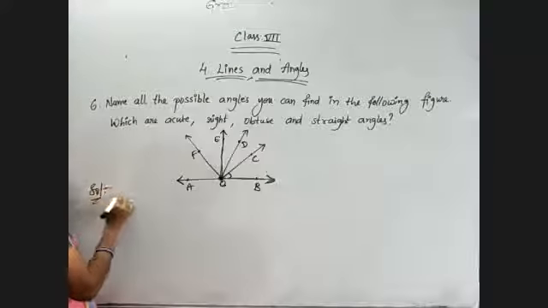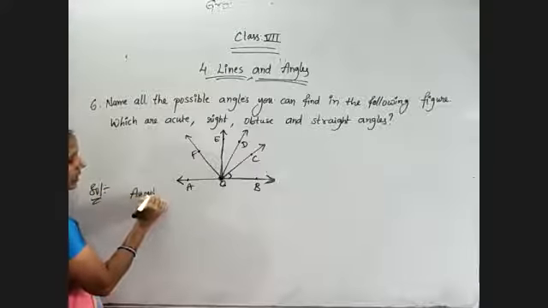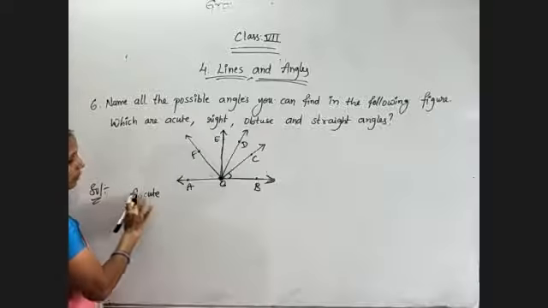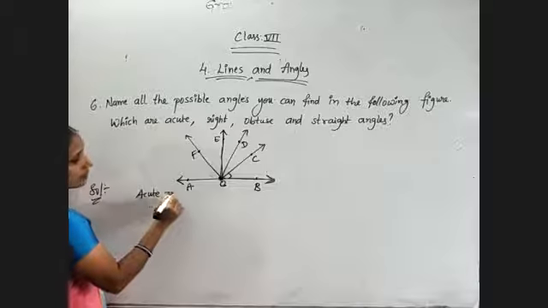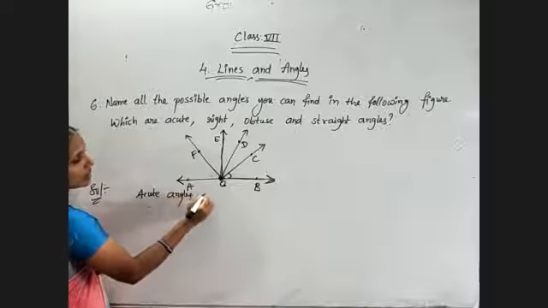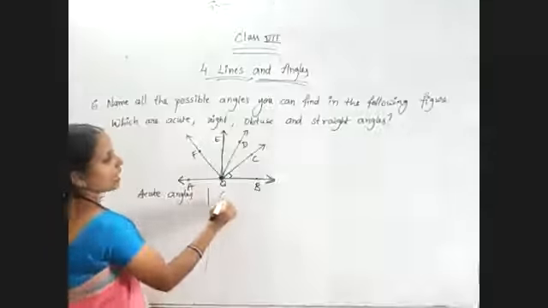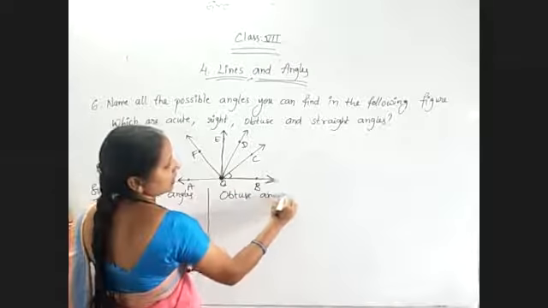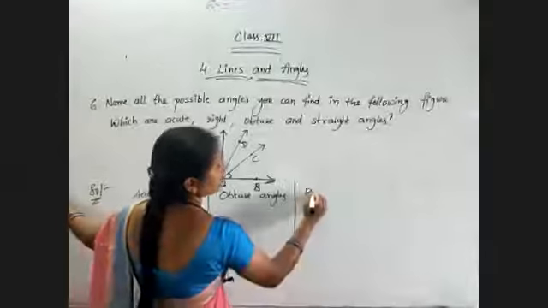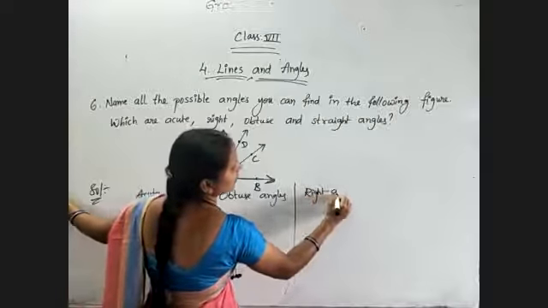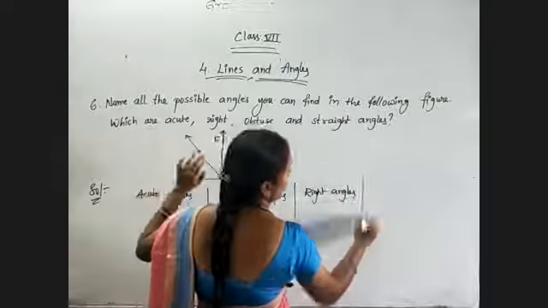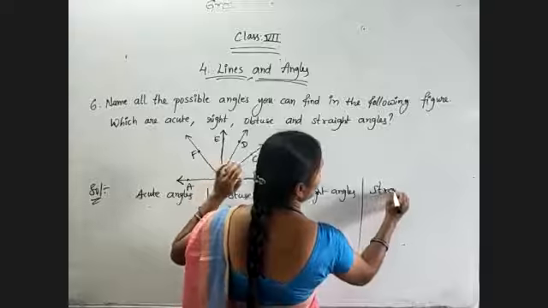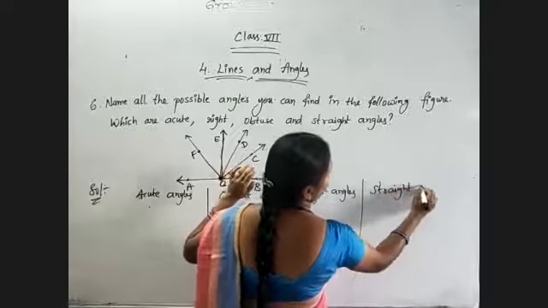First of all, I am classifying the angles. What are the acute angles I am going to find? Acute angles. Next, obtuse angles. Next, right angles and straight angles. So all these I want to list now from the given figure.